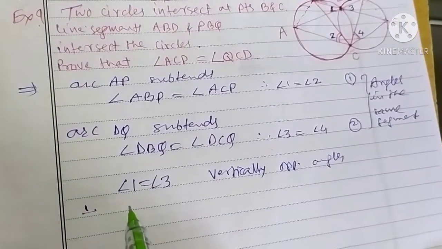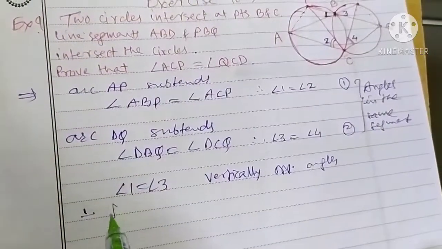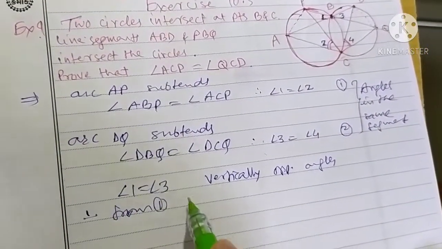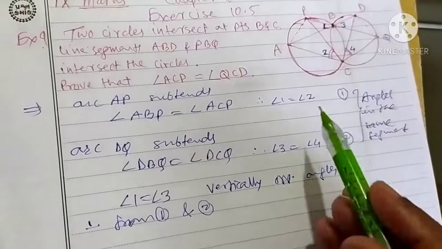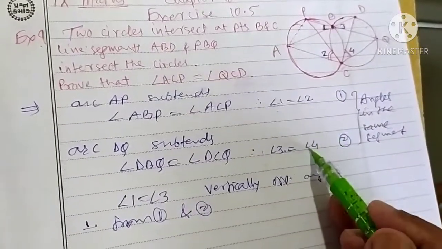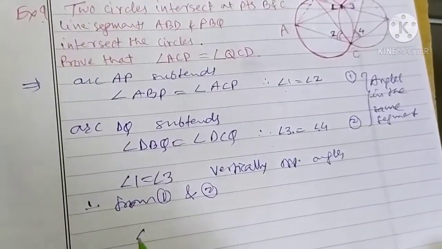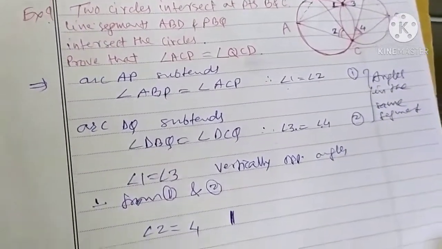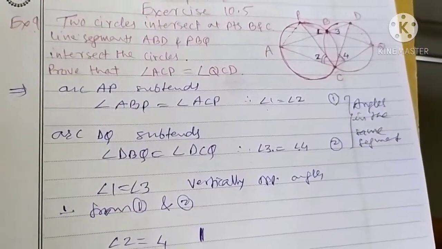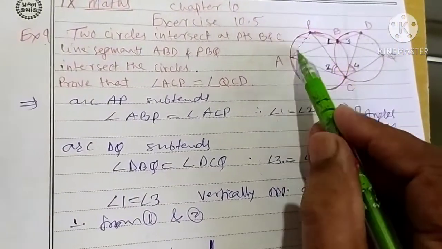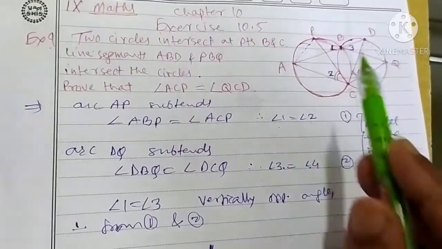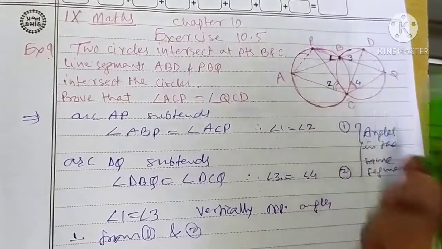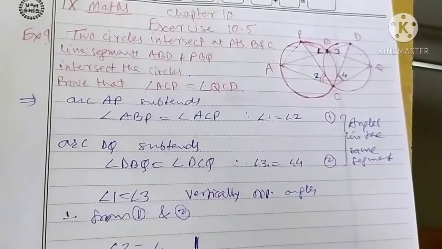Therefore, from 1 and 2, if 1 and 3 are equal, then 2 and 4 must be equal. So angle 2 equal to angle 4, and hence proved. Very simple and short. Important is understanding that arcs AP and DQ subtend equal angles in the same segment.